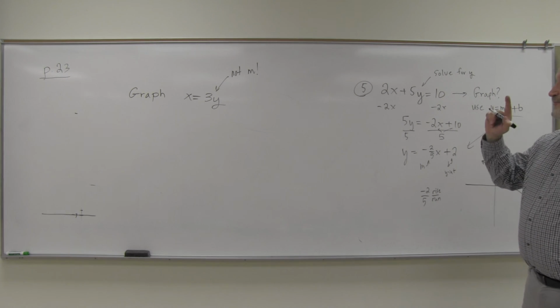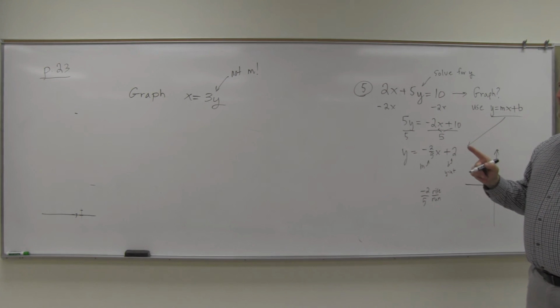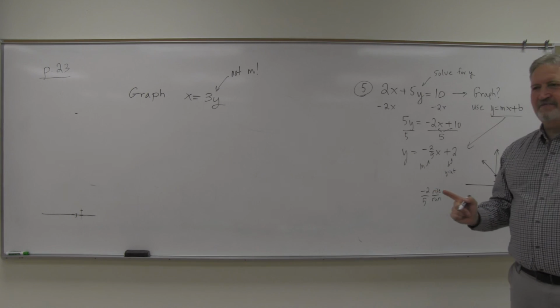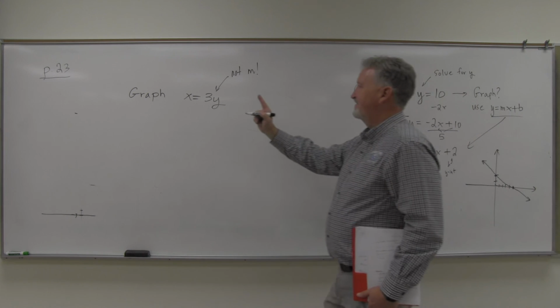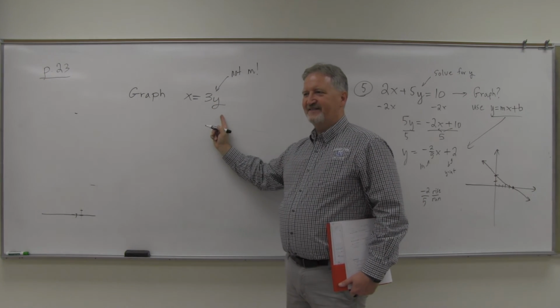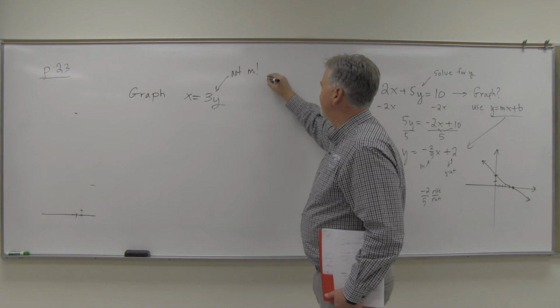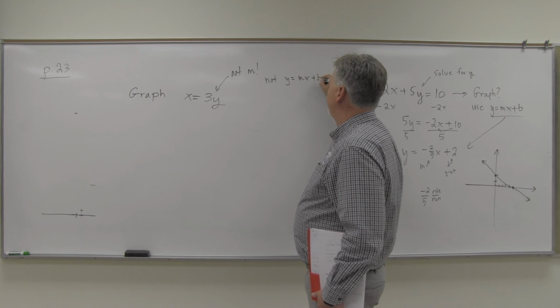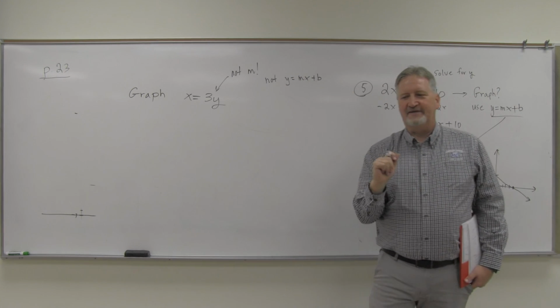Because to get the slope off of the equation like that, it needs to be y equals mx plus b. This is x equals, isn't it? Instead of y equals. So it's just kind of reversed of what it needs to be.